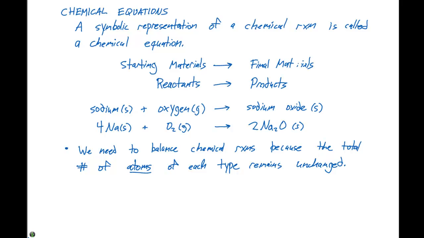And this goes along with the law of conservation of matter. We cannot create or destroy an atom. It can change form, it can change what it's bonded to, but the total number of atoms is going to be the same. Okay? And we can balance these equations by adjusting the coefficients. So we can't change the actual molecule, but we can represent with a coefficient how many of that particular molecule will be either reacted or produced.